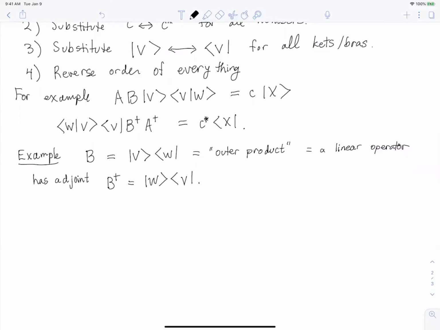Okay, so some definitions. First of all, the definition of a Hermitian operator is going to be very important. A Hermitian operator A is just one that is equal to its adjoint.